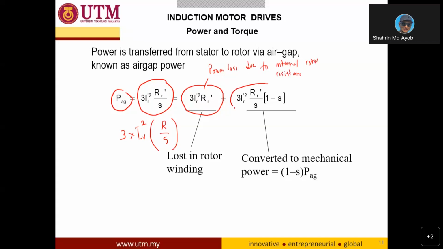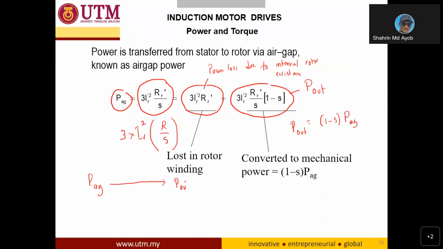And this is the power output. This is the power that rotates the motor. Which you can compute by using P out is equal to (1 minus S) P air gap. Meaning that kalau power flow, you punya this one is your power air gap.